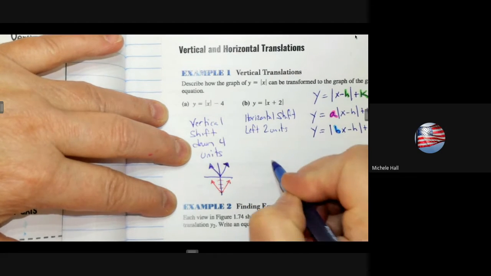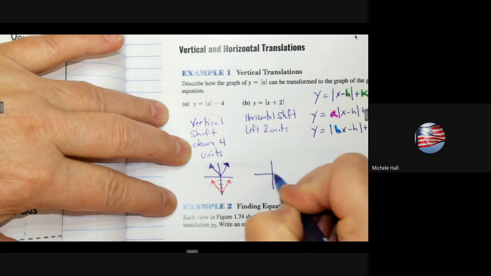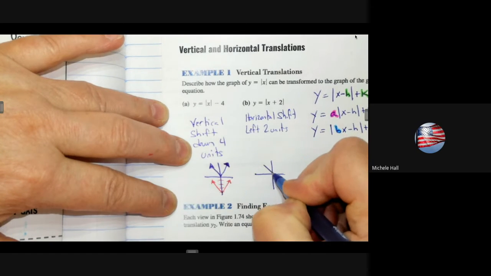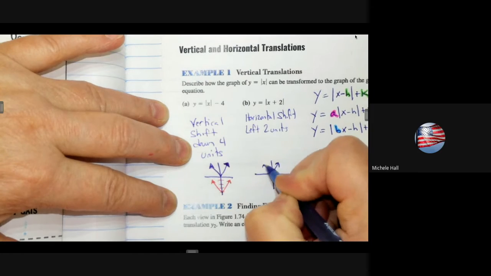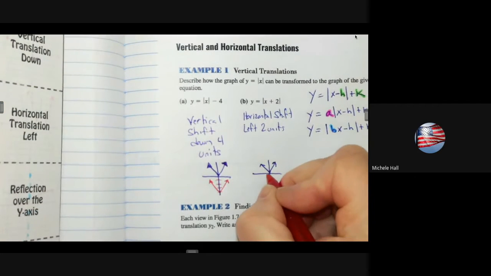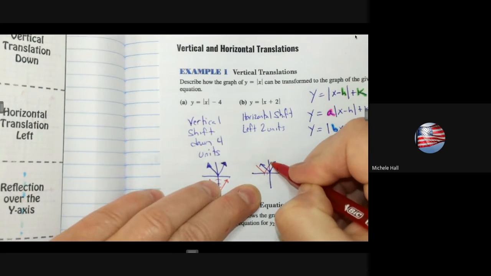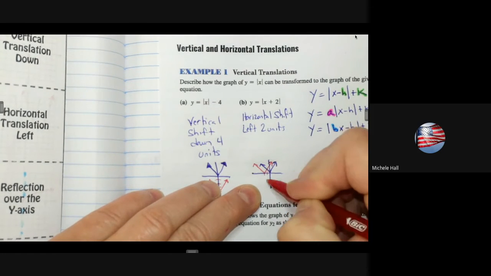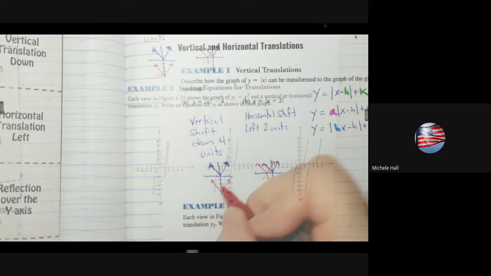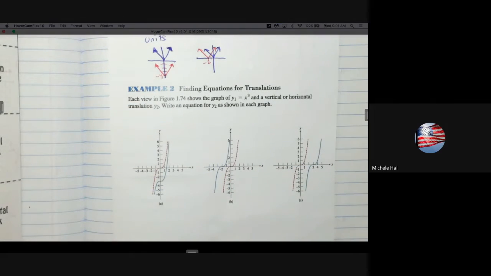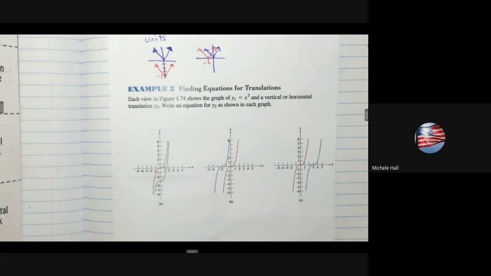So here I am at the origin, and then I'm going to the left 2 units, to -2.